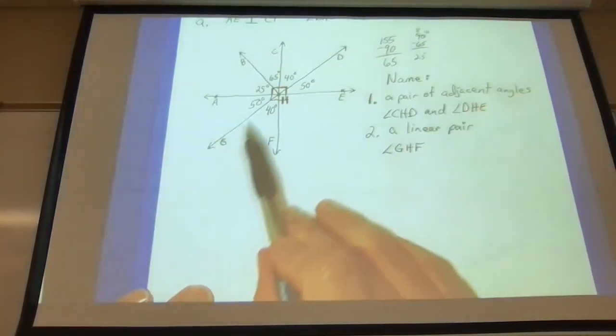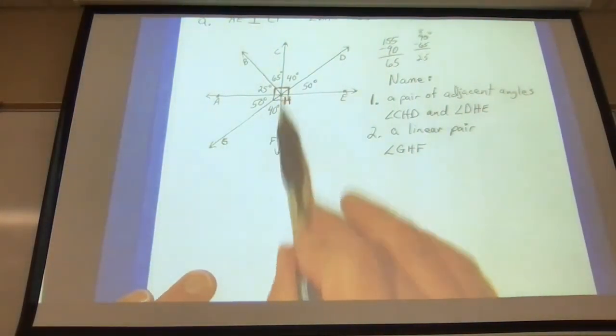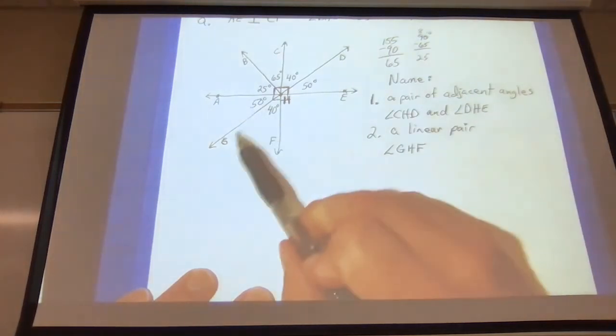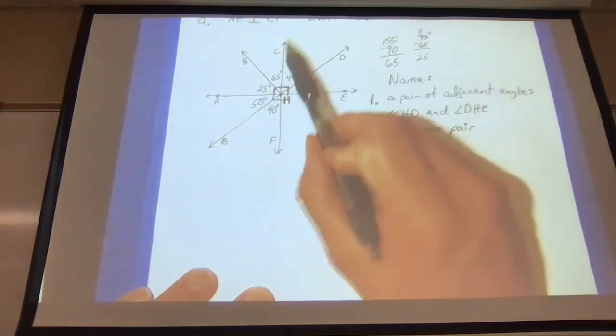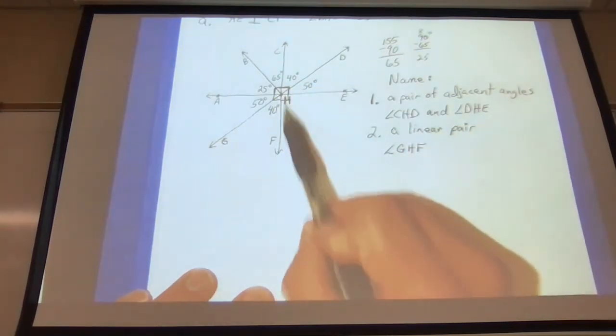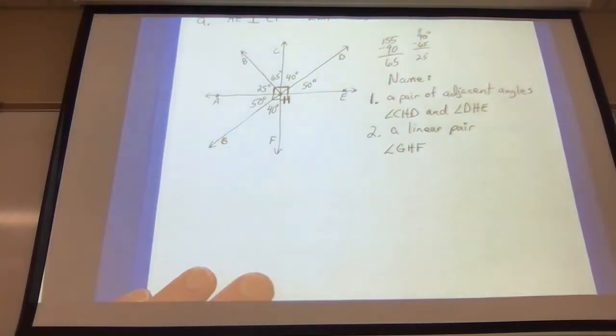Can anybody tell me what angle I would have to put next to angle GHF to make a straight line? Lily, what do you think? CHD, you're close. GHF and CHD would be vertical angles. We want an angle right next to this one that's going to make a straight line.